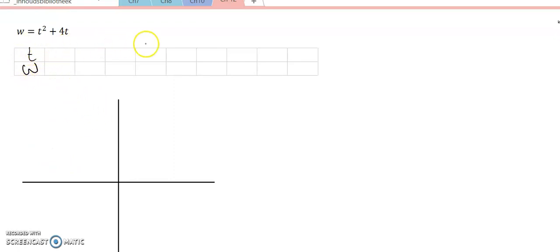And the top row is always the horizontal axis. Most of the time it's the x-axis, but for now it's the t-axis. And the bottom row is the vertical axis. Most of the time it's the y-axis, but we can change the letters, so now it's the w-axis.